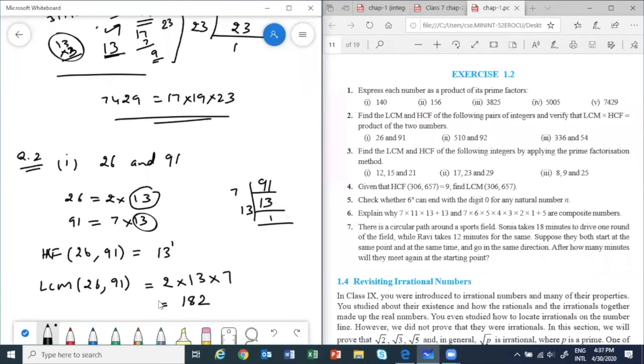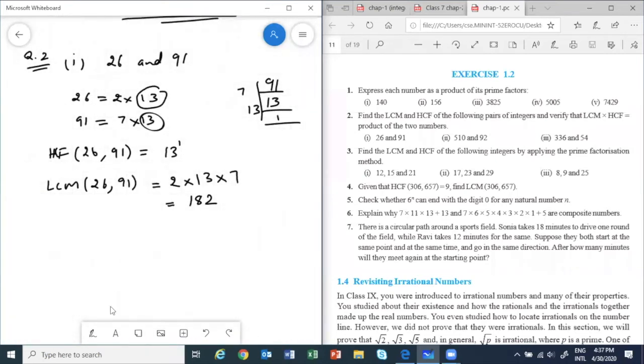It's coming wrong. How come? You verified it. Try doing it again. Maybe some calculation mistake, because for two numbers the property is correct.